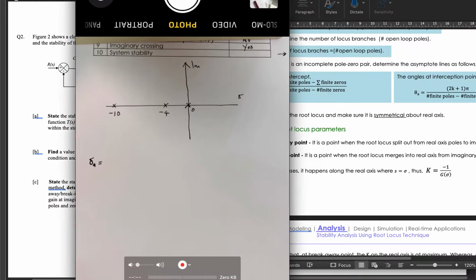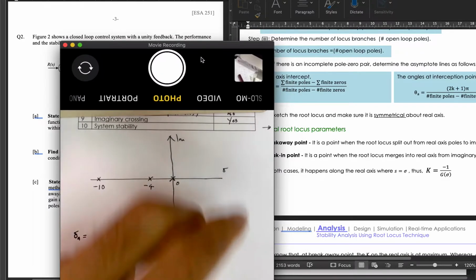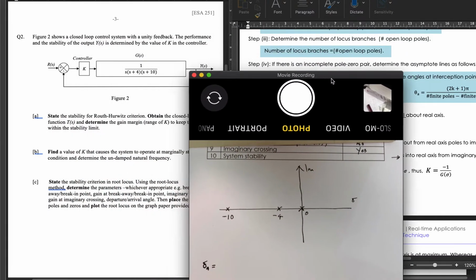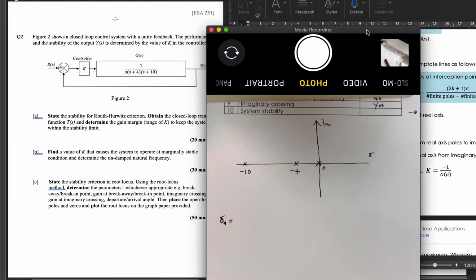Okay, this one. So that means the number of finite poles. Finite poles means the number of the poles.